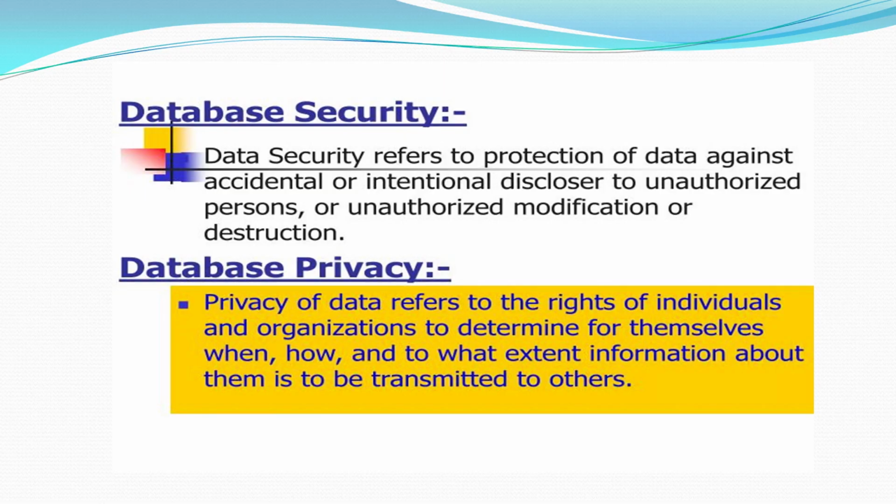Another concept is database privacy, which also can be maintained with the help of the database system. Privacy of data refers to the rights of individuals and organizations to determine for themselves when, how and to what extent information will be transmitted to others, that is decided by this privacy aspect or the facilities given in the computer based record keeping system.